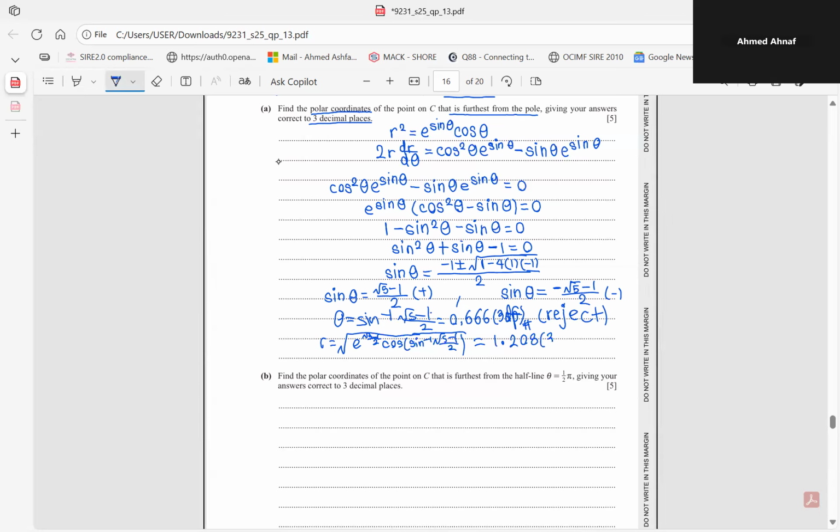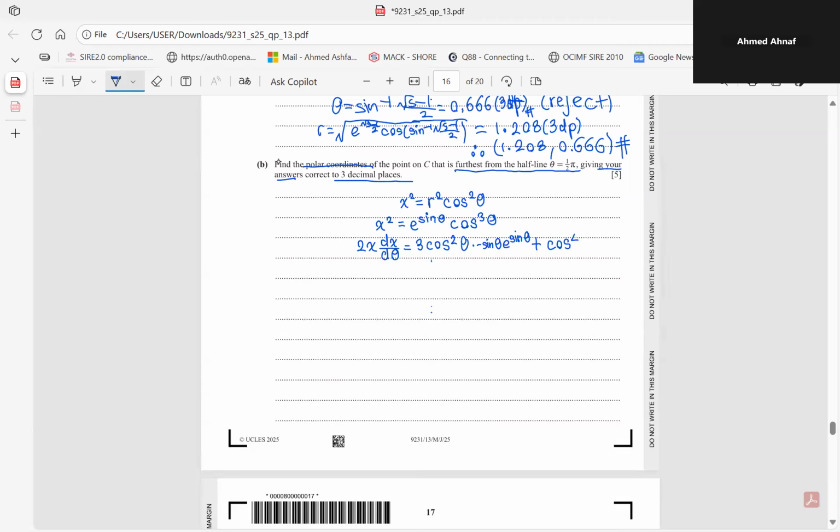So that's cosine to the power of 4 theta times e to the power of sine theta. Okay, so let's equate this to 0.